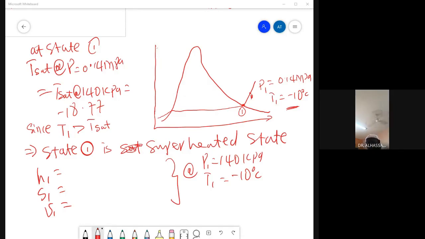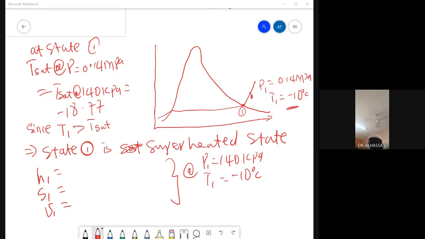We look for 0.14, yes, 0.14 is there, and then minus 10 degrees Celsius. All the properties are given: the internal energy, the specific volume, the enthalpy, and the entropy. Very clear.